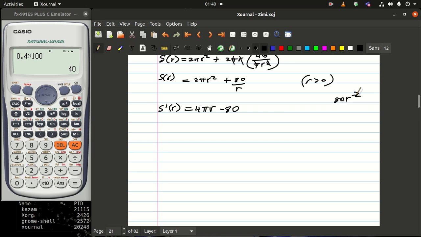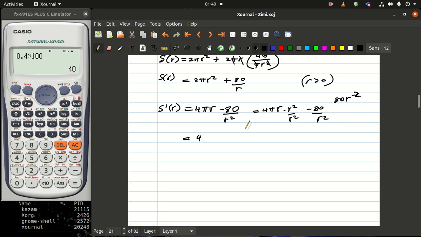And then once you have a minus 2, it means that we are actually going to the denominator, so you have r squared. And if you look into this one here, I can multiply by r this nice thing here, and then end up having 4 pi r times 1, which is the same as r squared over r squared, and then minus 80 over r squared.